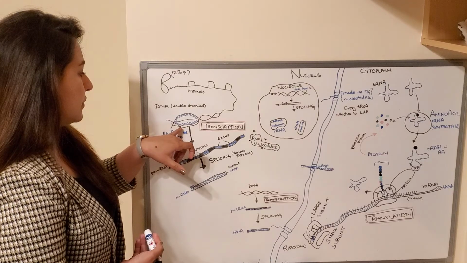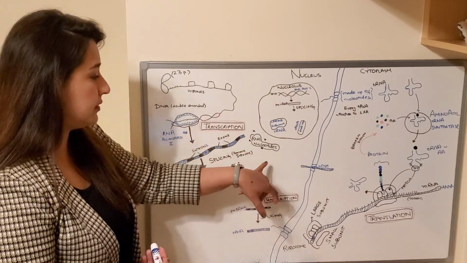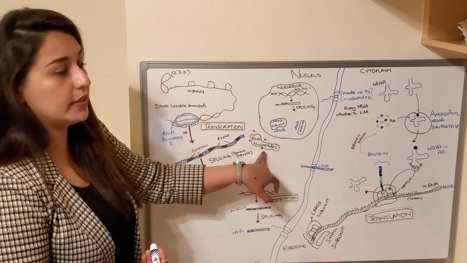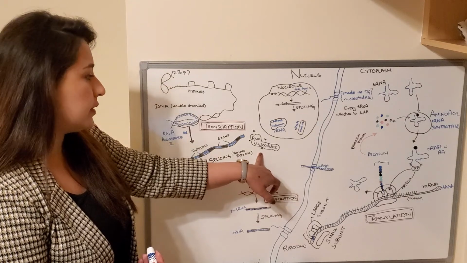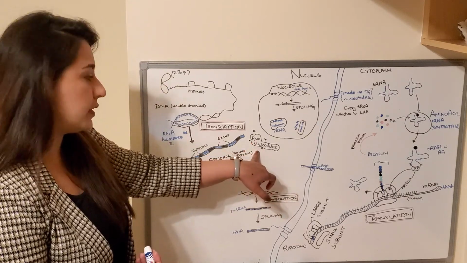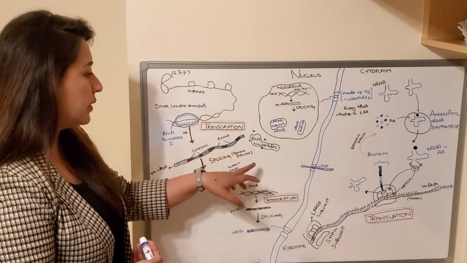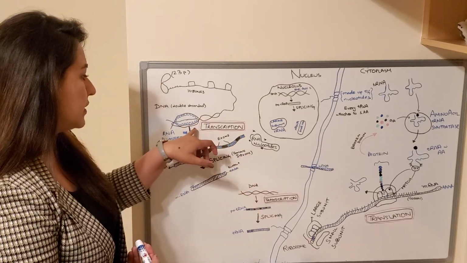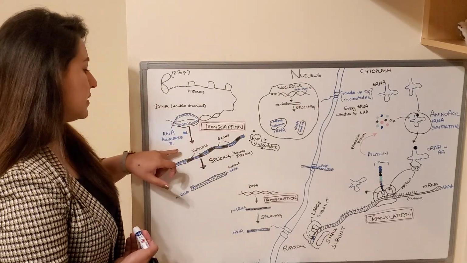Now we have this template of DNA, and we also have free-floating RNA nucleotides present in the nucleus. These RNA nucleotides will complementary pair with the bases of the DNA template. And how does it do that? These nucleotides will attach to the bases of the DNA with the help of the RNA polymerase enzyme.